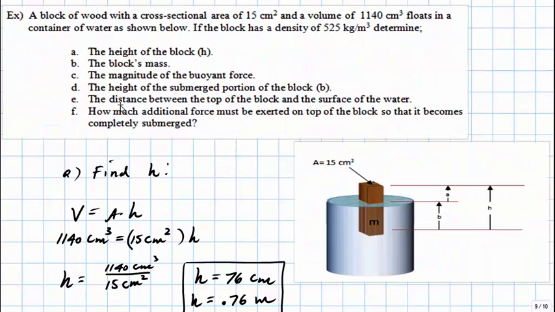In part D, we would like to determine the height of the submerged portion of the block, which we noted as B, small case b. Here it is. As you can see, the distance from the surface of the fluid to the bottom of the block is noted as B, and we need to find this dimension.